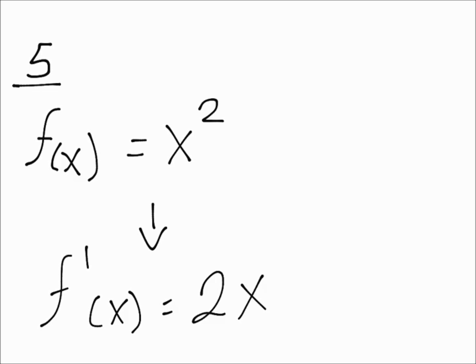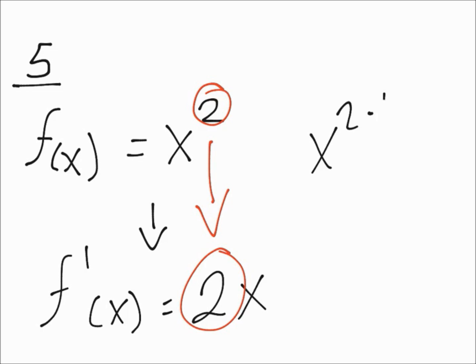So the way you solve power functions has a little formula: you write as the coefficient the number of the power. So in this case it's squared, so you write a 2 here, and then you subtract that number minus 1. So we had x squared, and that's going to be minus 1. It's just going to have x to the 1, so that's just x, and that's the variable you write.